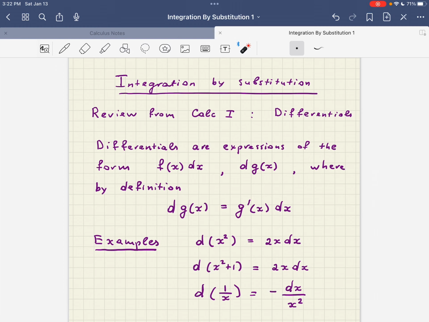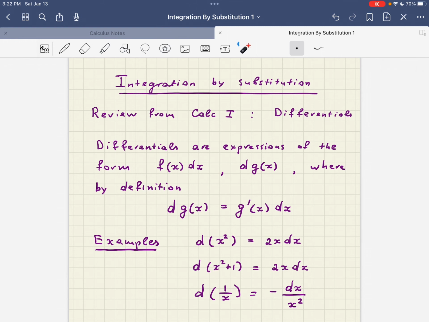Likewise, differential of x squared plus 1 equals 2x dx again, because the derivative of x squared plus 1 is also equal to 2x. And finally, differential of 1 over x equals negative dx over x squared, because the derivative of 1 over x equals negative 1 over x squared.